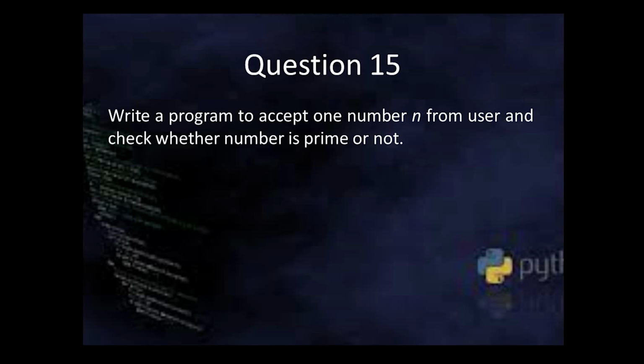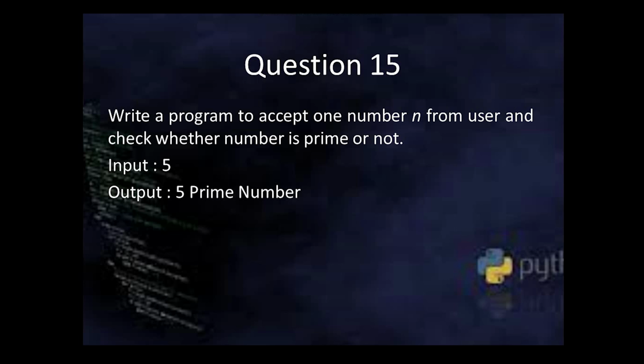Now, question number 15. Write a program to accept one number n from user and check whether the number is prime or not. For example, if the input is 5, it should display 5 is prime number.